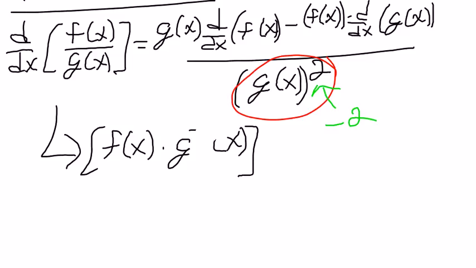Or to be more correct, if you're thinking about this case right here, that's what it would look like. So then that allows you to just use the product rule again, because you're dealing with multiplication again.